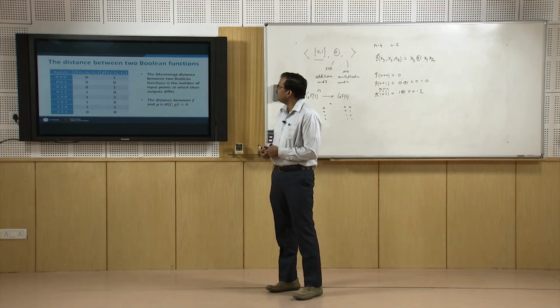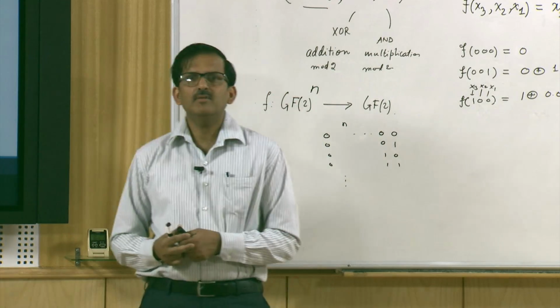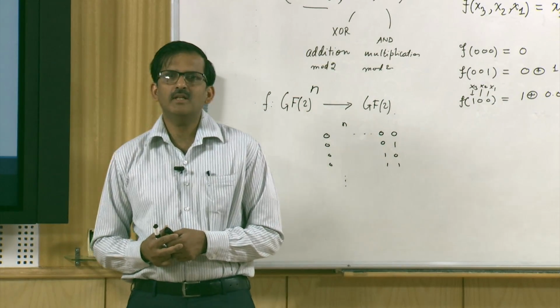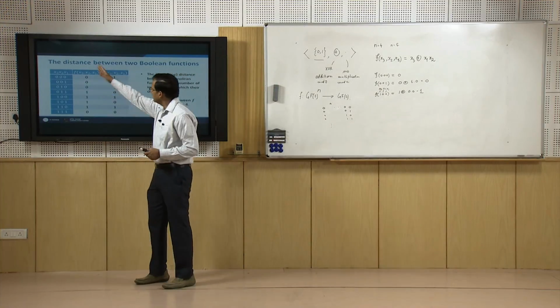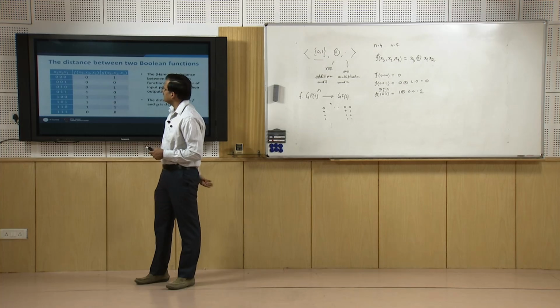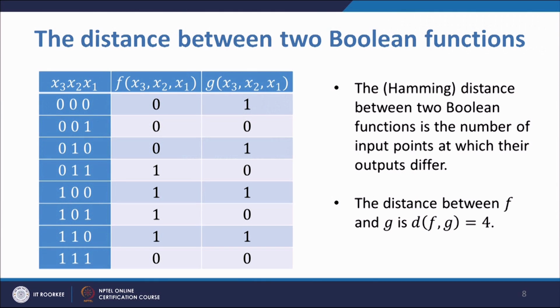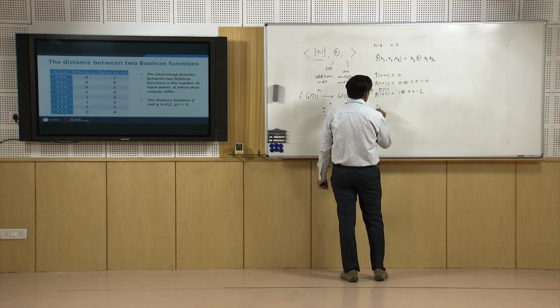Now, we see that essentially if we fix the ordering of the domain elements, then the only thing that matters is the sequence in which the functional values appear, and suppose we have got two functions, then we can talk about distances between Boolean functions, and that has got a name, it is a famous distance, it is called Hamming distance.